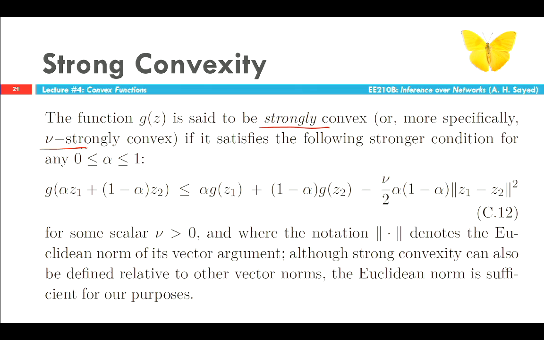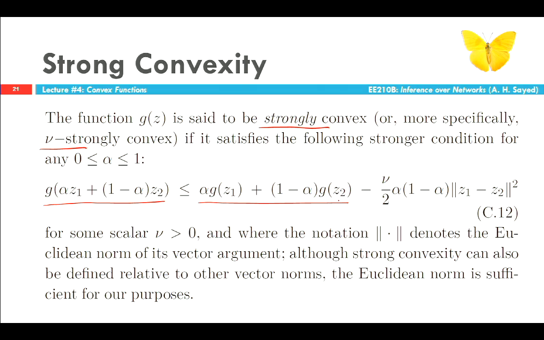This is the definition of convexity that we saw before. The value of the function at a middle point has to be below the segment connecting the endpoints, with some margin. That's essentially that you will be lower than this by some margin that depends on that parameter nu.